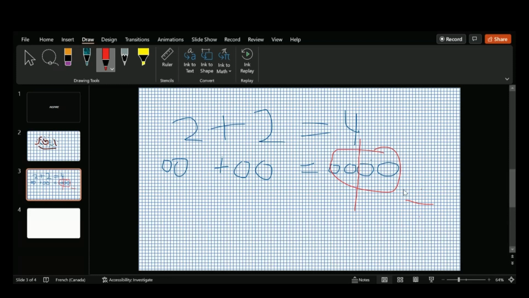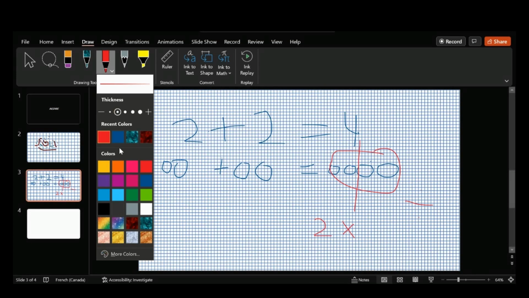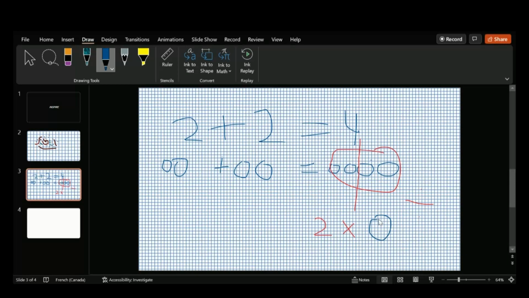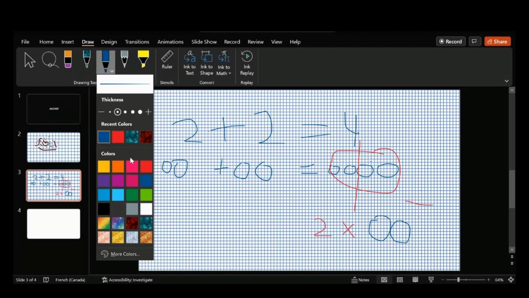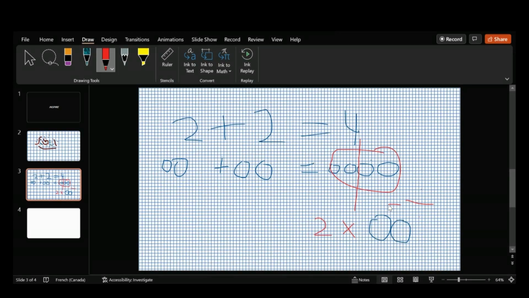So it gives you basically 2 groups of 2. So you have 2 times a constant times, let's change color, the number of these. 2 times this.